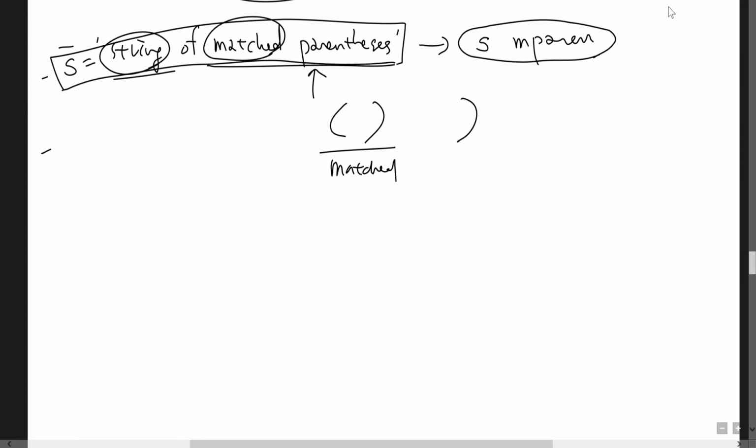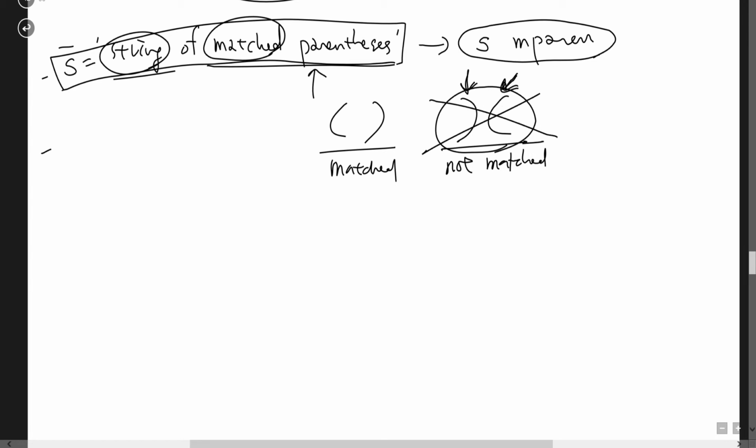But what about this one? This is clearly not matched. But still, the number of left parentheses is 1, and the number of right parentheses is also 1. So we don't want to accept this sort of string.